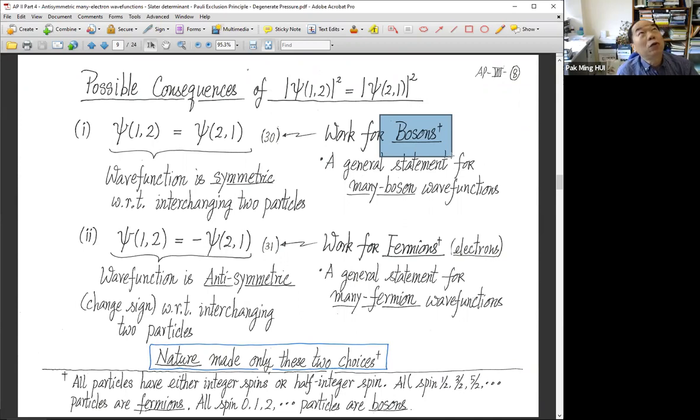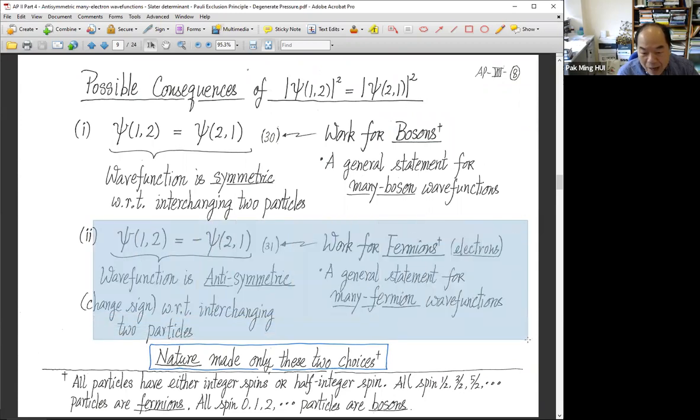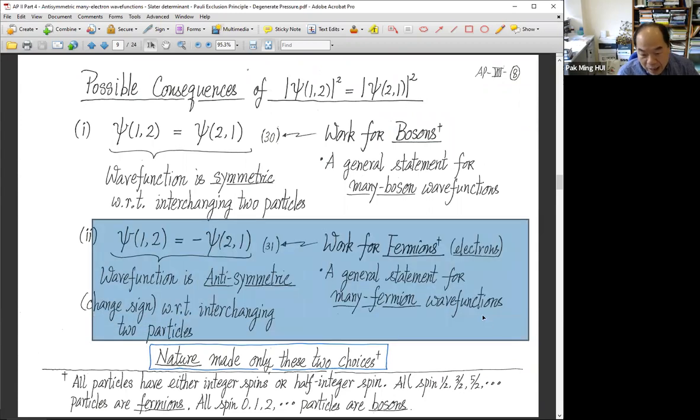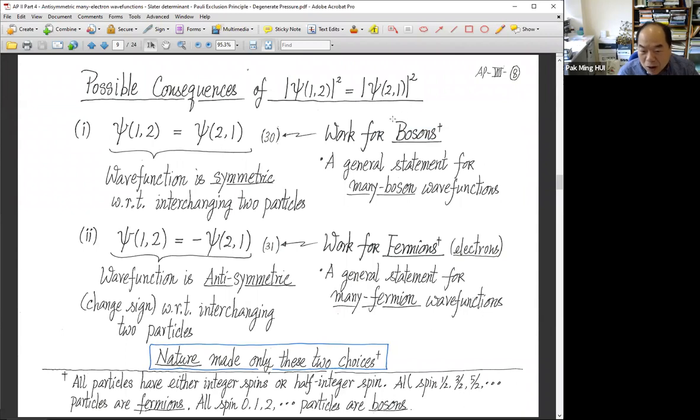For those of you who are taking thermal and statistical physics, you will encounter the Fermi-Dirac distribution that has to do with this part. Bosons obey Bose-Einstein statistics.